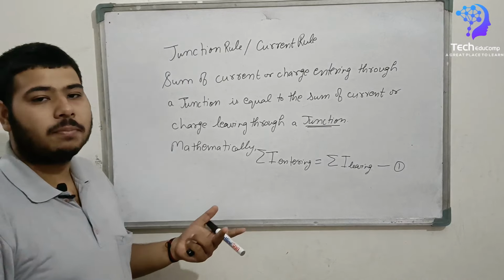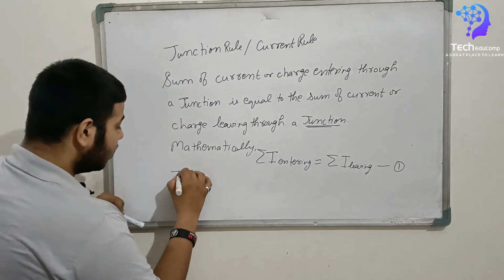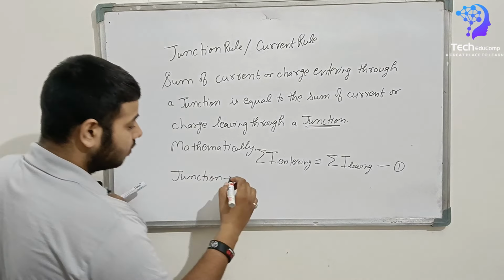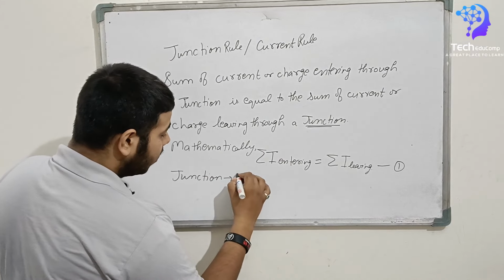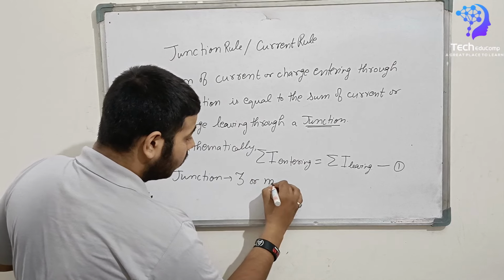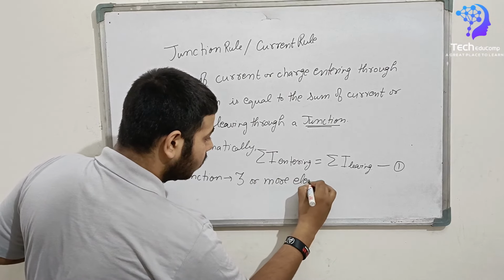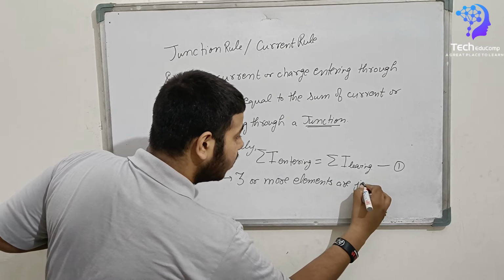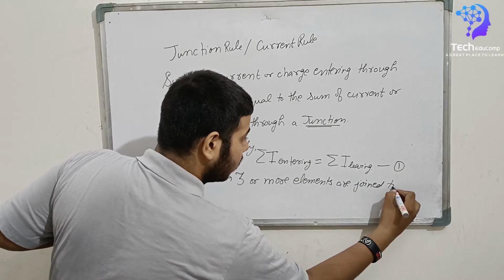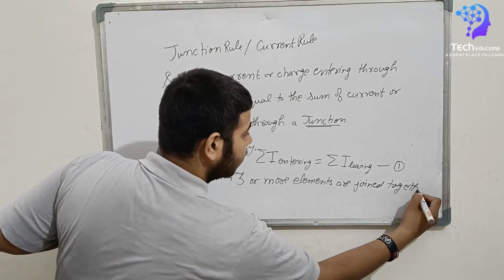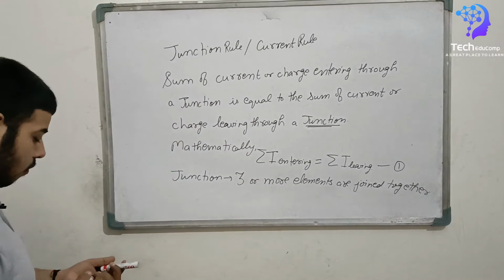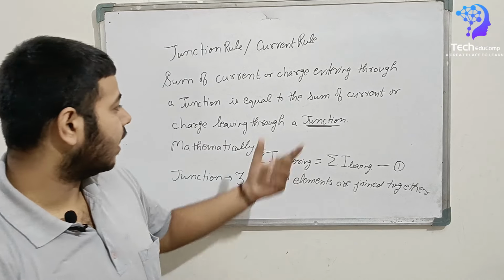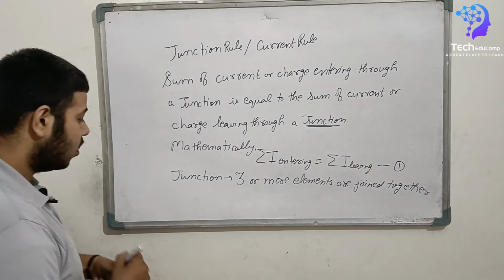So what do we mean by a junction? A junction is a point where 3 or more elements are joined together. This is a simple definition of a junction. Here we also have another term beside a junction, that is a node.